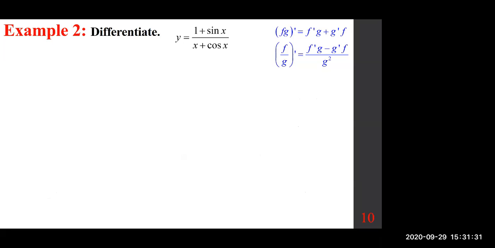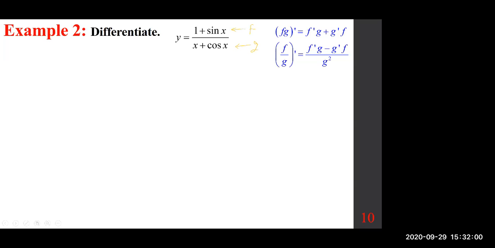Obviously, we are using the trigonometric function formulas at the same time in conjunction with the quotient rule, where we take the top to be the f function, let's say, the bottom to be the g function.